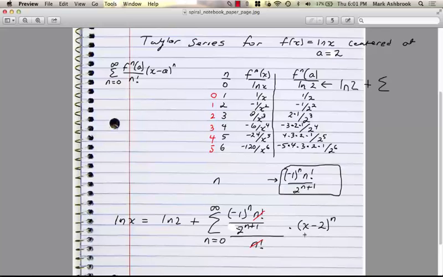Does it answer it, Martin? Do you follow it now? Okay, so in the end, it's the sum from n equals 0 of negative 1 to the n over 2 to the n plus 1, and then x minus 2 to the n.